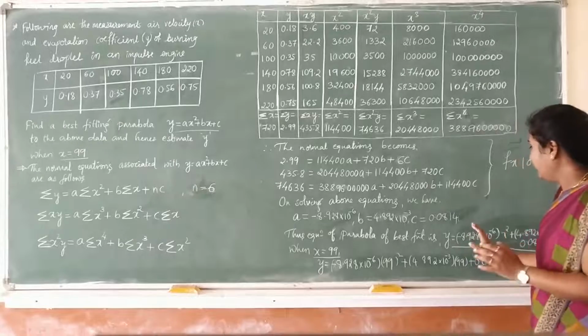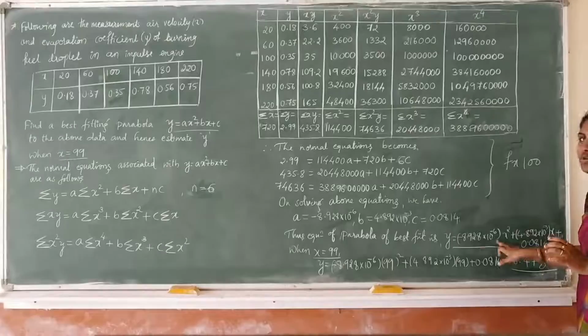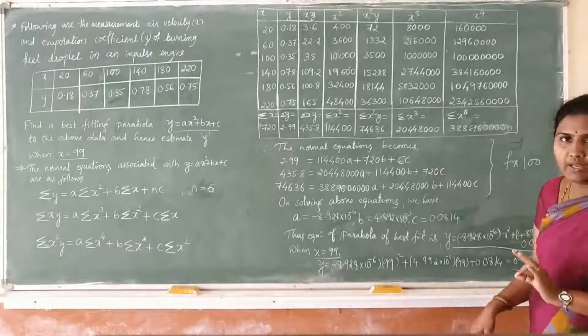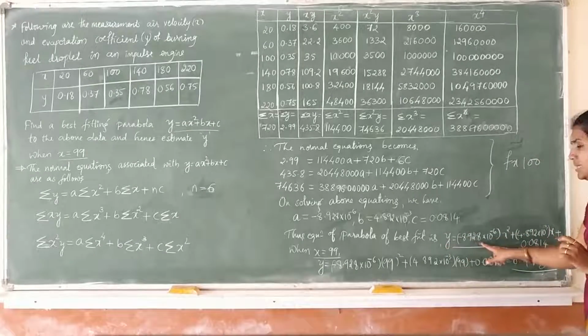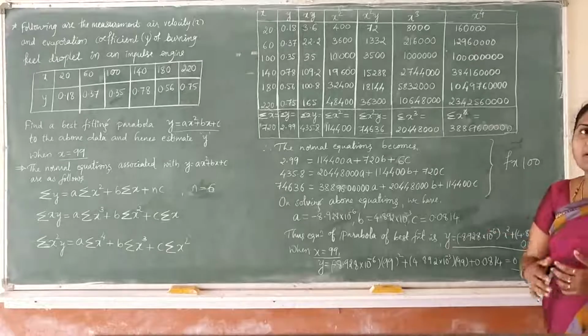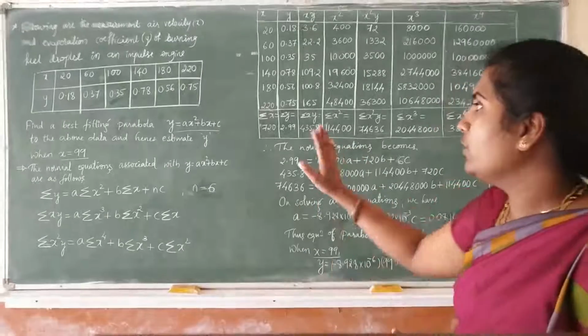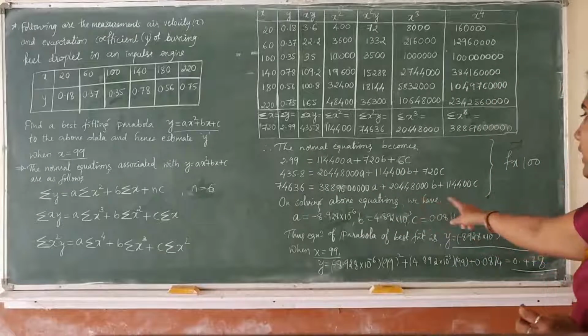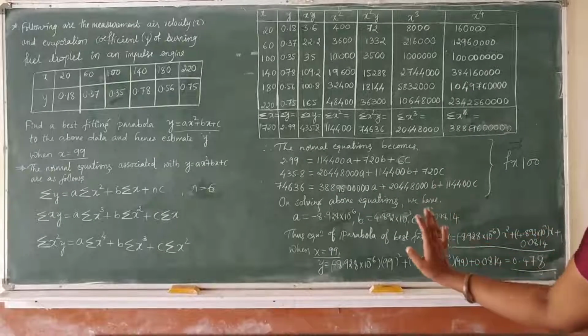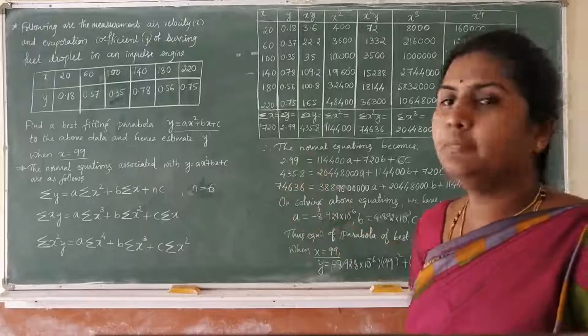If you take all the decimal values, you will get exactly 0.18, but here we are taking only 3 decimal values, so you may get some nearer values of 0.18. That's how you can cross verify whether the ABC values you have obtained are correct or not.